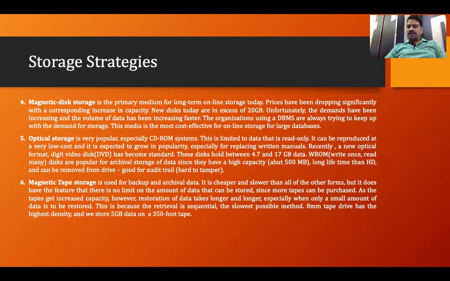So we used magnetic tape to store the data, and it may have capacity beyond imagination, and we can make the storage available on the magnetic tape as much as possible. Is it reliable? Yes, it is very reliable. Is it cheaper? Yes, it is cheaper, meaning it has lower cost.